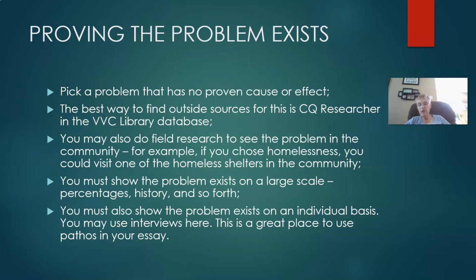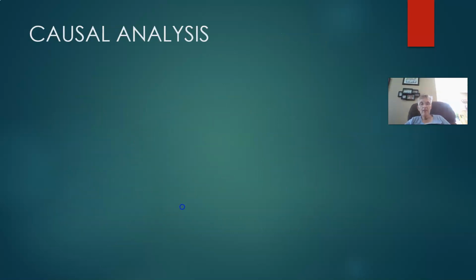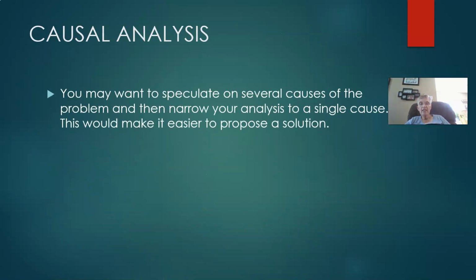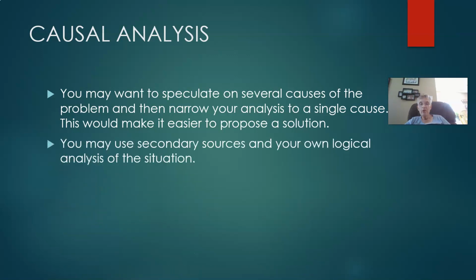You need to do that part too. And for the causal analysis, speculate on several causes of the problem and then narrow your analysis to a single cause. That would make it easier to propose a solution. You can use secondary sources and your own logical analysis of the situation here.